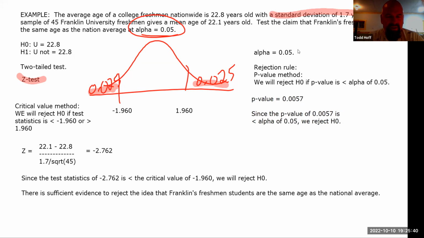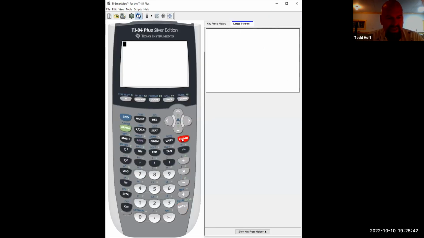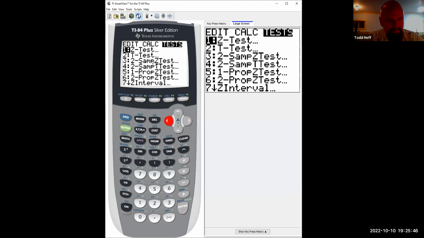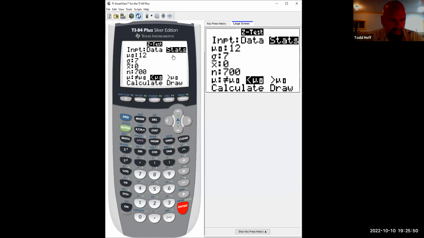So let's go to the calculator here, and rather than just doing p-values and probabilities, let's do the whole test. So a stat test. This is a z-test. We are using our sample statistics. Our hypothesized mean in the null hypothesis was 22.8. The population standard deviation was 1.7.